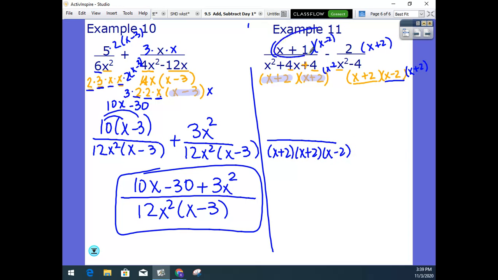Go ahead and we'll distribute all of that. X times x, x times negative 2, 1 times x, 1 times negative 2. Minus, now let's distribute here, 2x plus 4 over my common denominator.